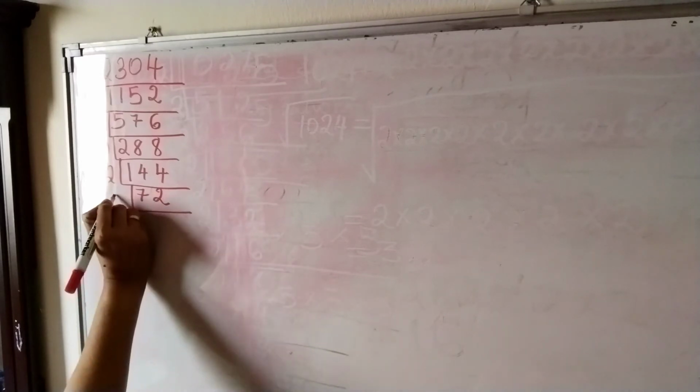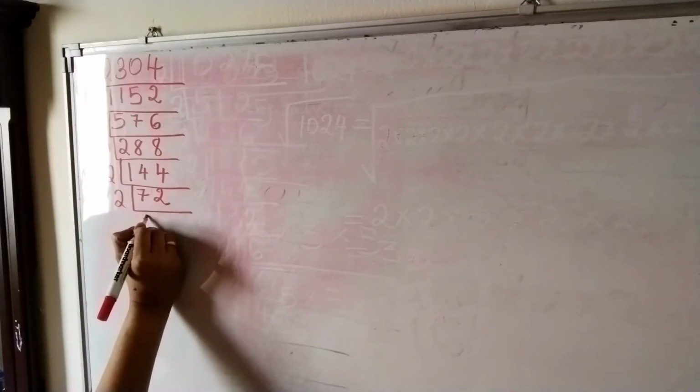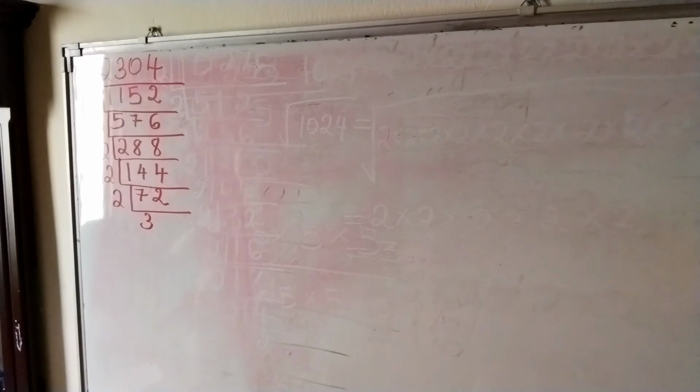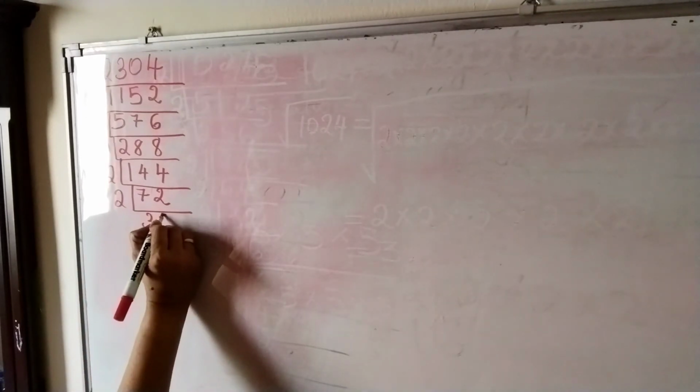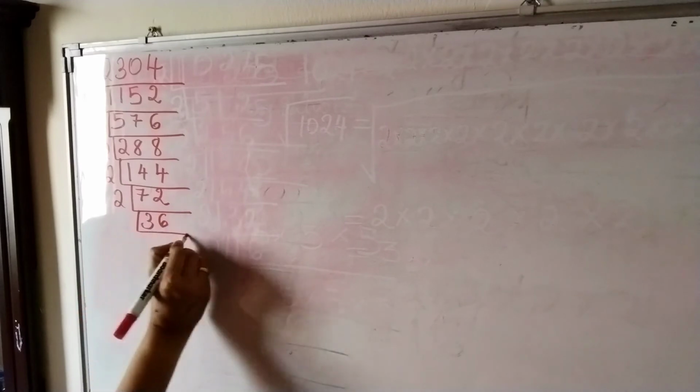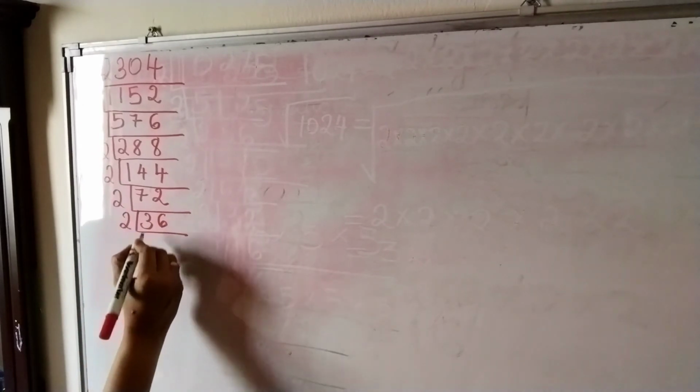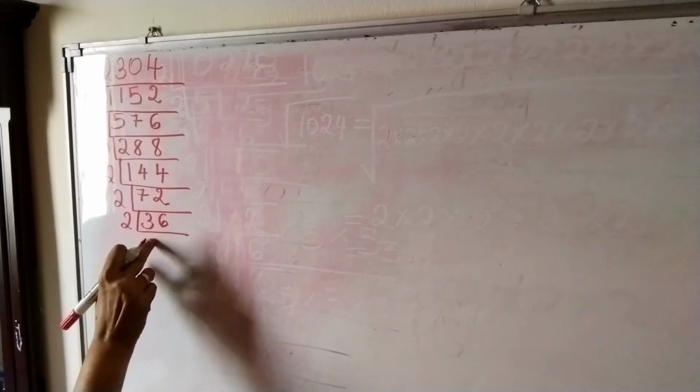Then again 2 will go. 2 3s are 6. 7 minus 6 is equal to 1, 12. 6 2s are 12. Then again 2. How many times does 2 go in 3?